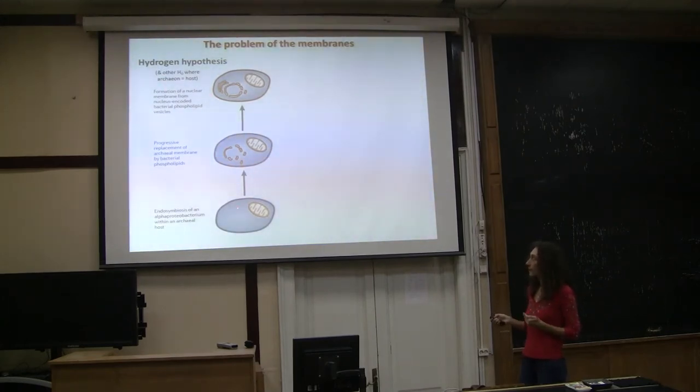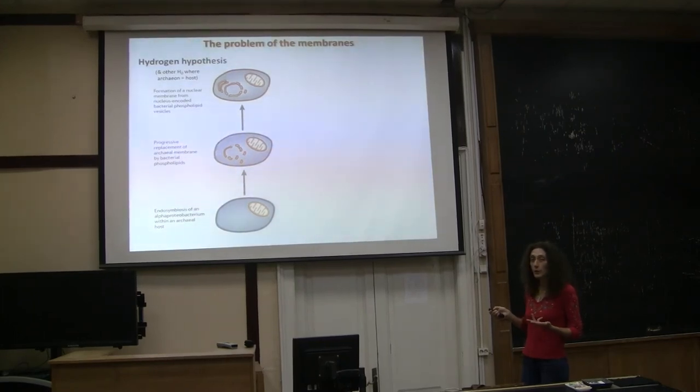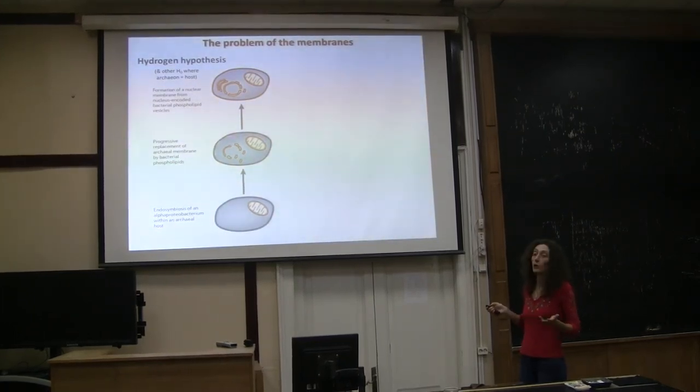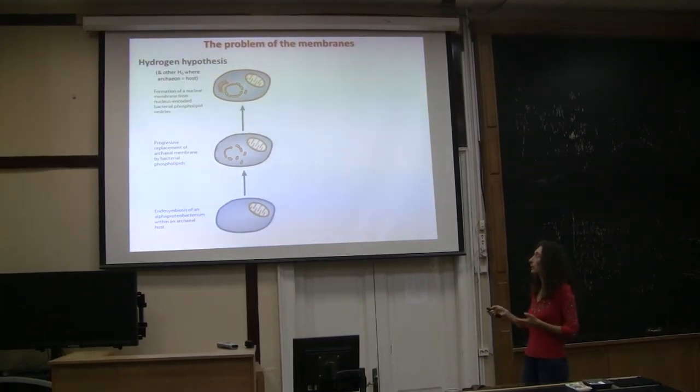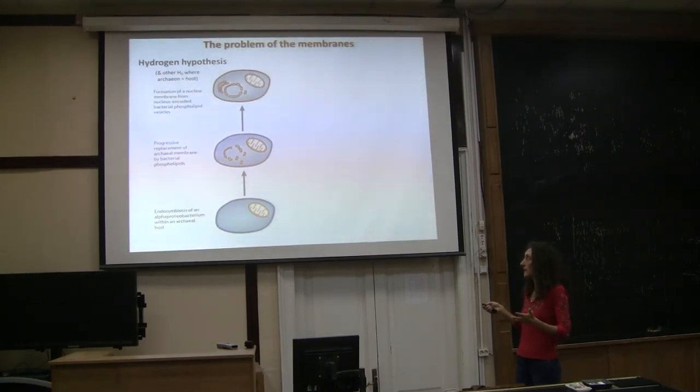This remains unexplained. And by the same occasion, the membranes of the nucleus would be synthesized de novo. So in their model, there would be just vesicles of bacterial origin that assemble spontaneously.